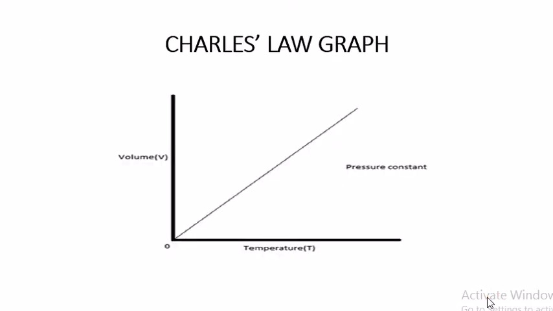This is your Charles' law's graph, a straight line, a linear graph, establishing the fact that volume is directly proportional to temperature at constant pressure. You can see that represented on that graph.